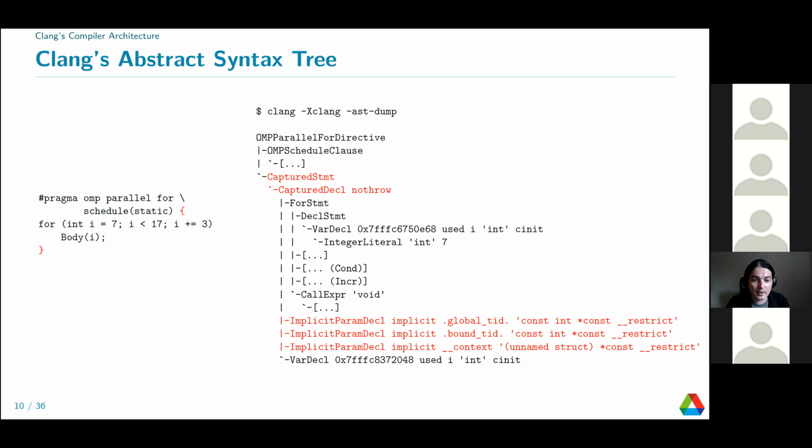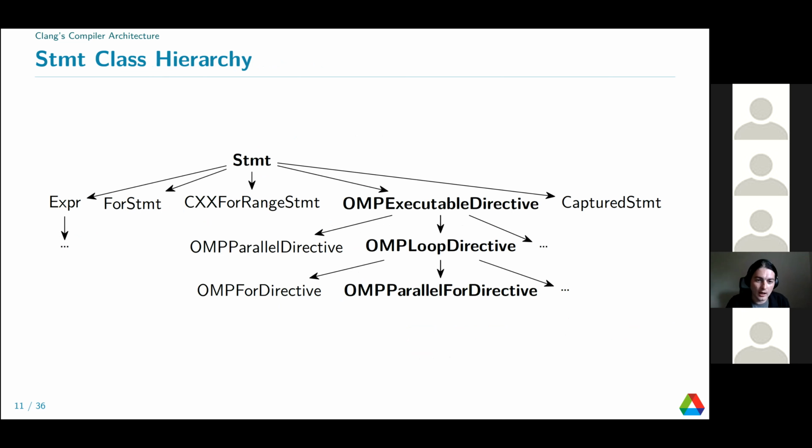So this is done by this captured region, which shares most of the implementation with lambdas, but also adds things like the global thread ID, for instance, that are filled by the OpenMP runtime to inform the code what thread it is running on. You can think of it as a syntactic trigger, as if you had a literal lambda in there.